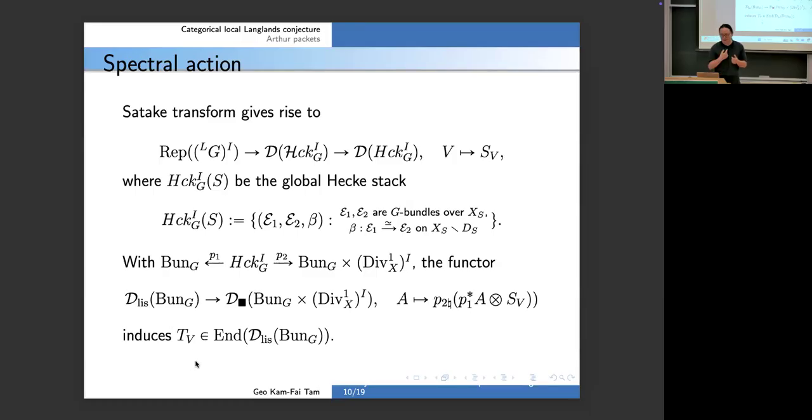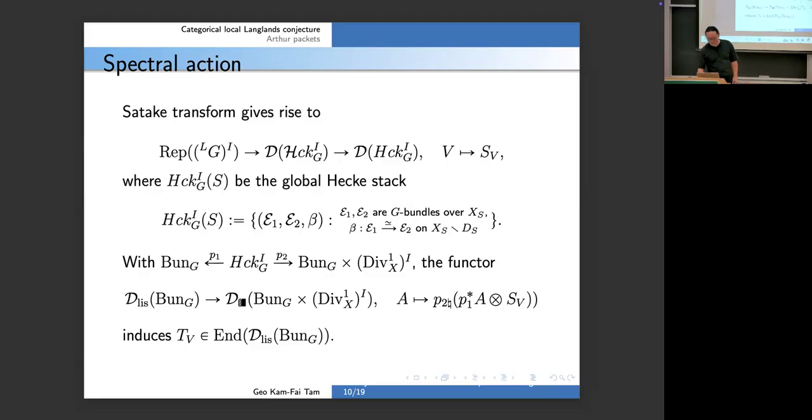This is the Hecke operator, and it gives the spectral action which I mentioned before on the sheaves on Bun. Here the black square is something about what they call solid sheaves, in the context of condensed mathematics of Peter Scholze. I won't talk about it. We have no time.